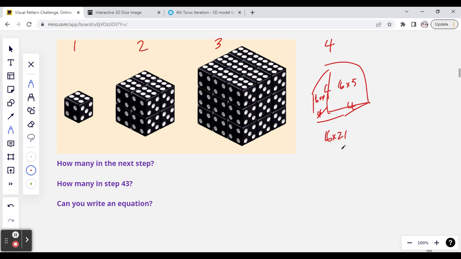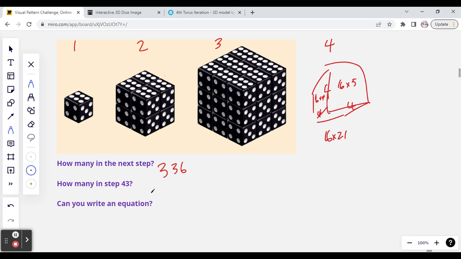And this is a formula we could use for any of these steps. We have 4 faces here in step 2. 4 times 21 would give us the sum of the numbers here. And here we have 9. 9 times 21 would give us the sum. So for step 4, it's going to be 16 times 21, which is 336. All right, so I'm predicting 336 for step 4.